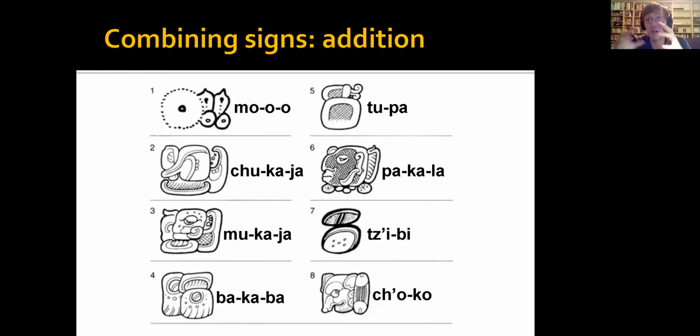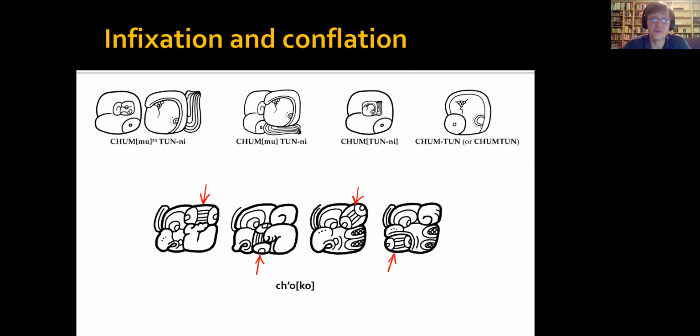And you can combine signs in a straightforward way, so you can see all parts of them. So these examples are pretty apparent. So mo'o, chukach, mokach, bakab, tup, bakal, tzib, chok. You can also conflate signs because we're in a calligraphic mode quite often.